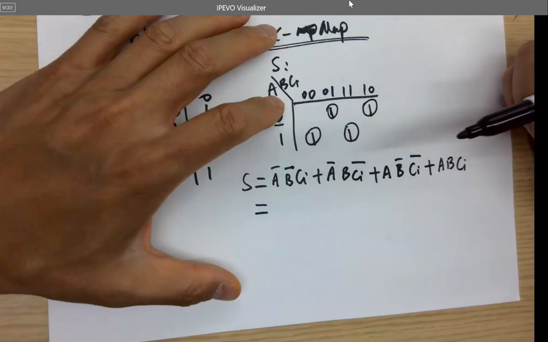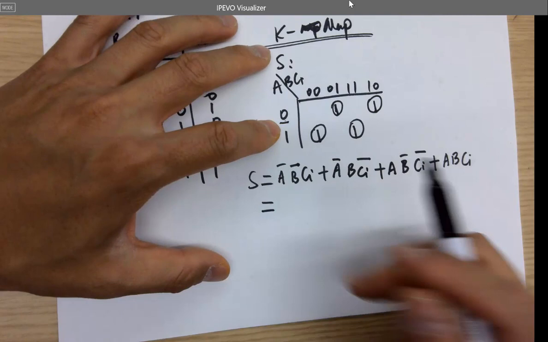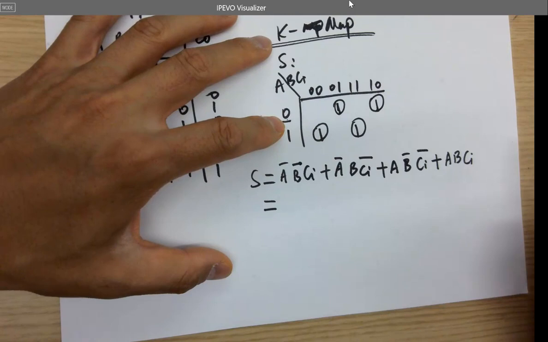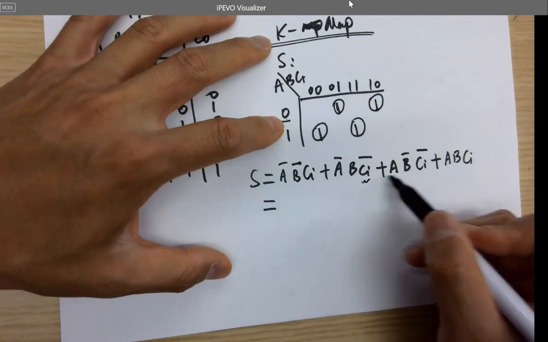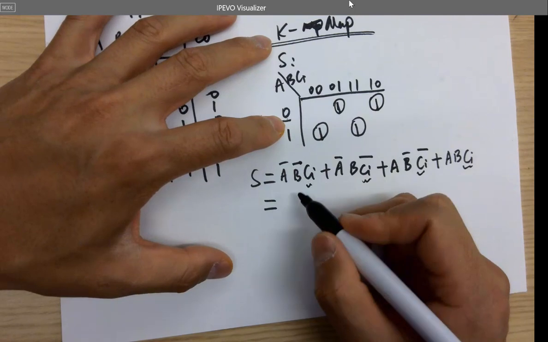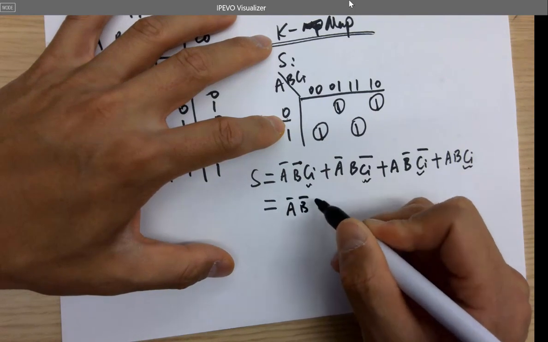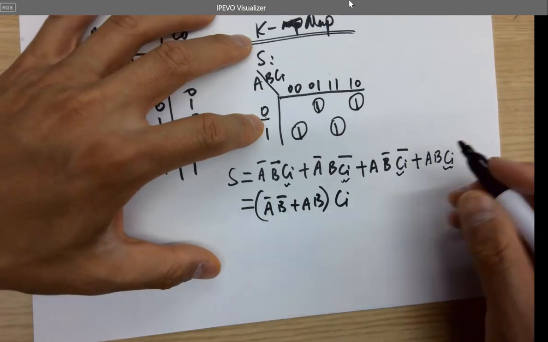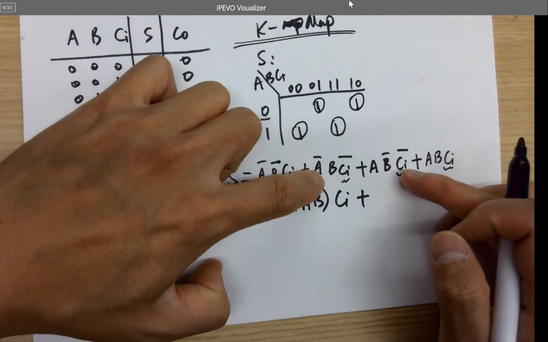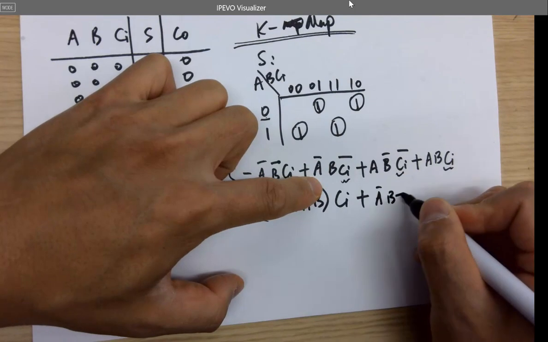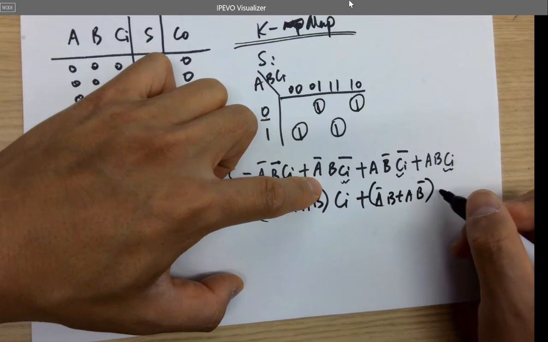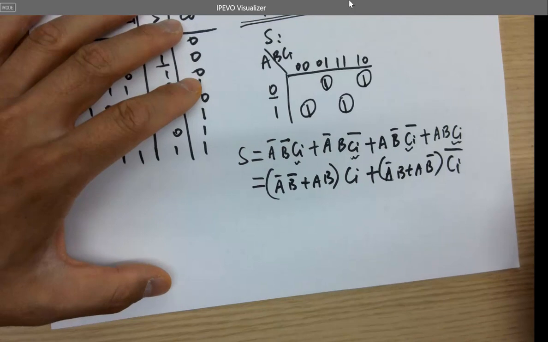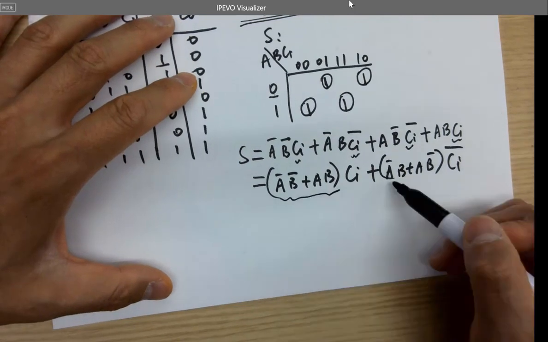But we can combine them, right? At least, and see what we can get from here. So if we factor out CI naught first and CI for these terms, we can get A naught, B naught, or AB, CI, or combine these two terms, it's A naught B or AB naught, CI naught, right? Okay, and you can find out this is XNOR, this is XOR.